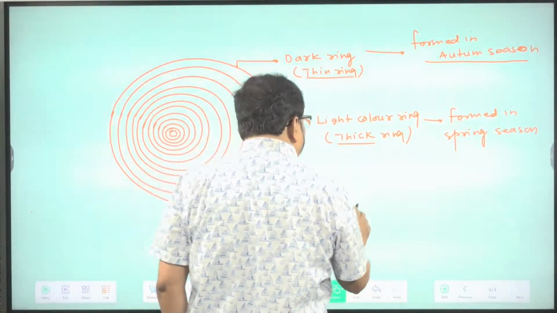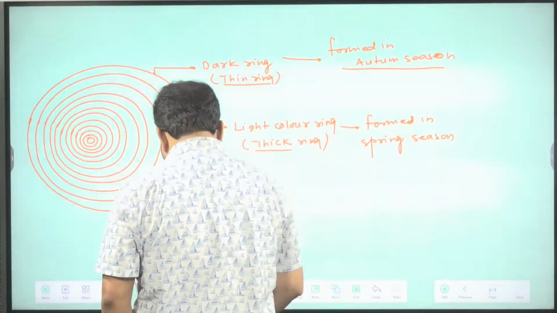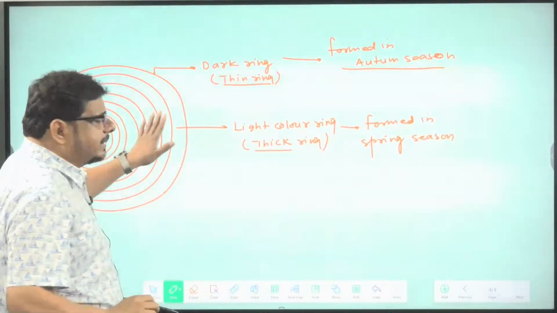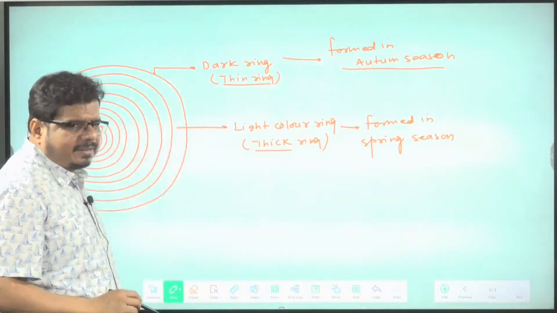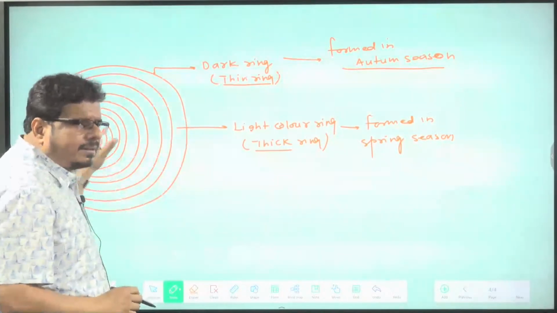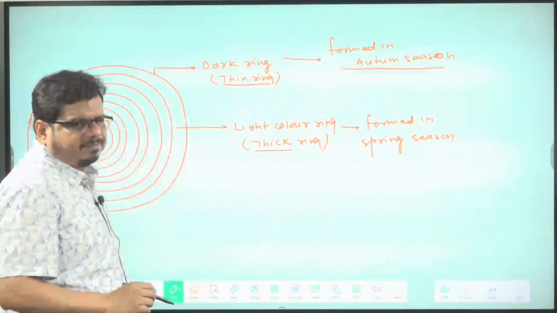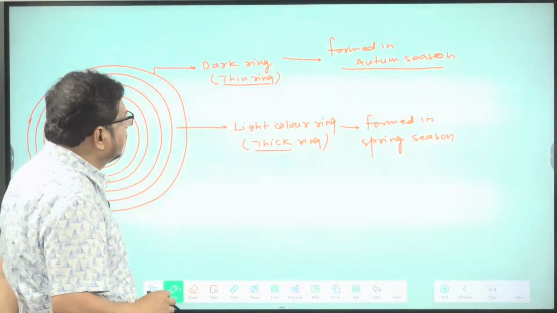You better know, these rings are present in which one? Secondary xylem. These ring formations occur due to the activity of cambium. Understanding the idea or not?